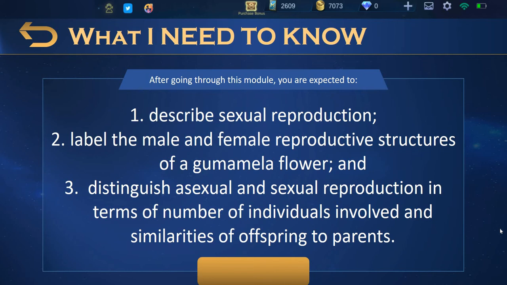Number 2, label the male and female reproductive structures of a gumamela flower or hibiscus and distinguish asexual and sexual reproduction in terms of number of individuals involved and similarities of offspring to parents.